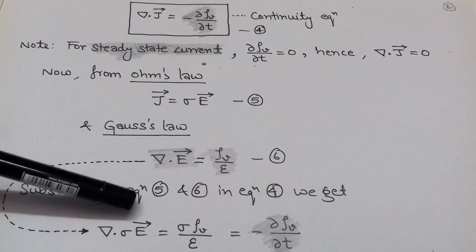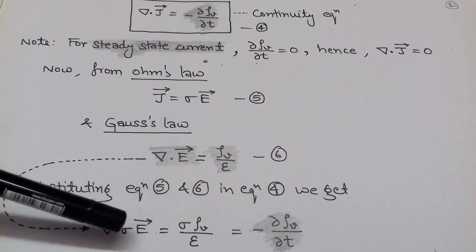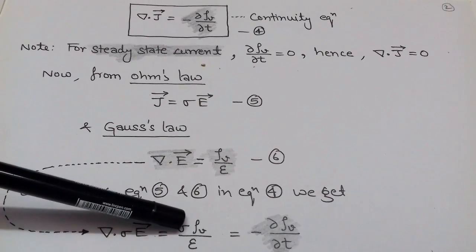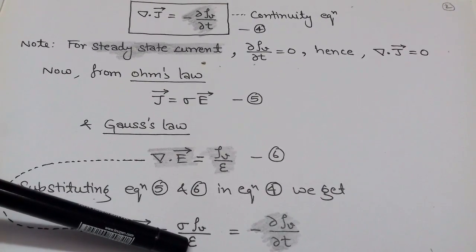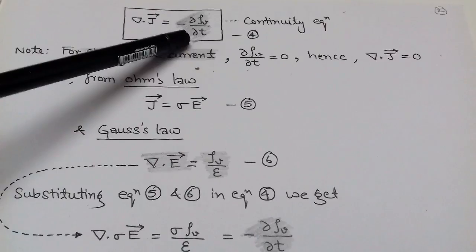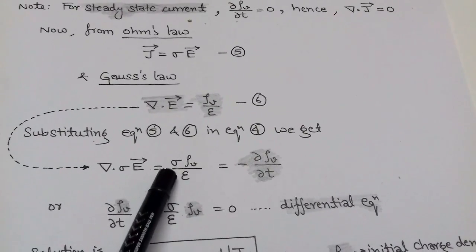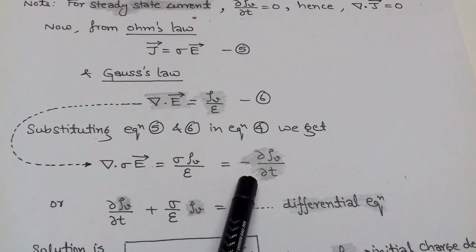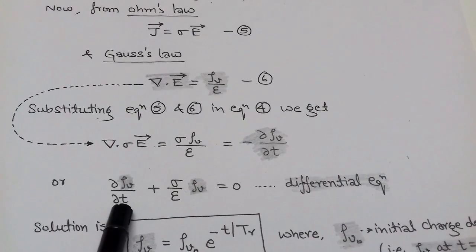Here divergence of E equals rho V upon epsilon. So the left hand side of equation 4 becomes sigma rho V upon epsilon, which equals minus del rho V upon del t. Now taking this minus term to the left side, we get this equation.